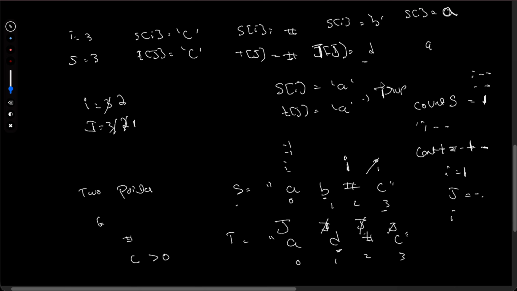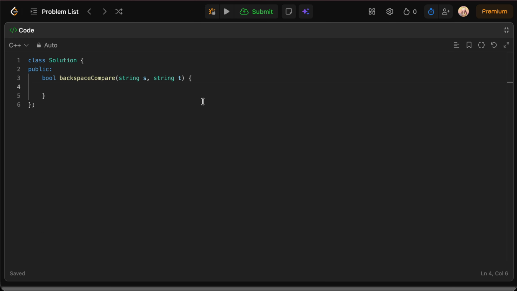So let's write down the code. Because we start comparing from the right side, first we need i and j, two pointers. int i is equal to s dot size minus 1, which means start from last.